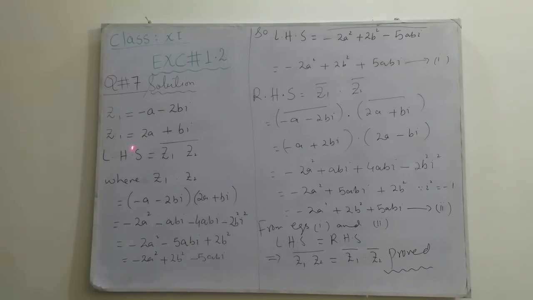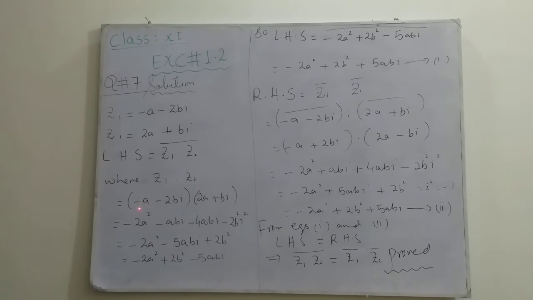Now here, first we will take left hand side, which is equal to (z1 into z2) whole conjugate, where z1 into z2 is equal to, putting value of z1, minus a minus 2b iota, and putting value of z2, 2a plus b iota.